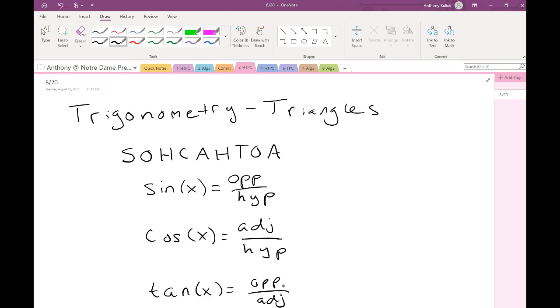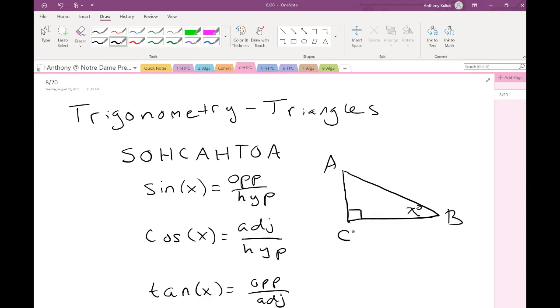So when we talk about opposite, adjacent, and hypotenuse, what is that in reference to? A right triangle. So if this is our right triangle here, and this is our angle X, we'll label this triangle as triangle ABC.